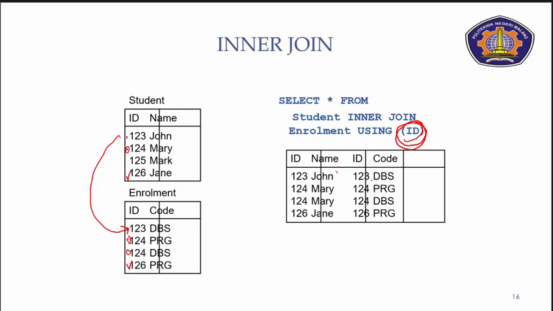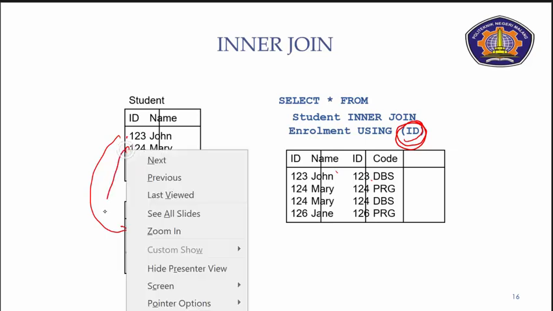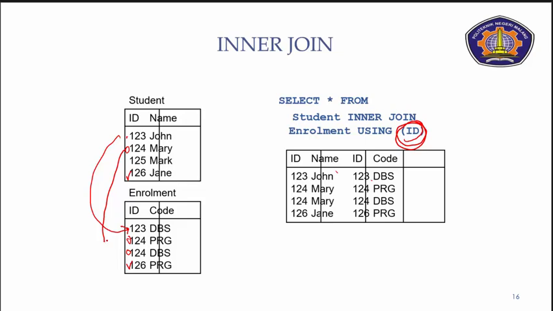But if the ID is 1, 2, 4, it gives two results, 1, 2, 4 PRG and 1, 2, 4 maybe TBS. So we have two 1, 2, 4 here.